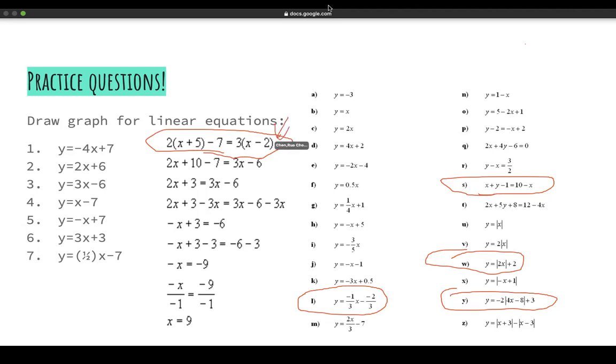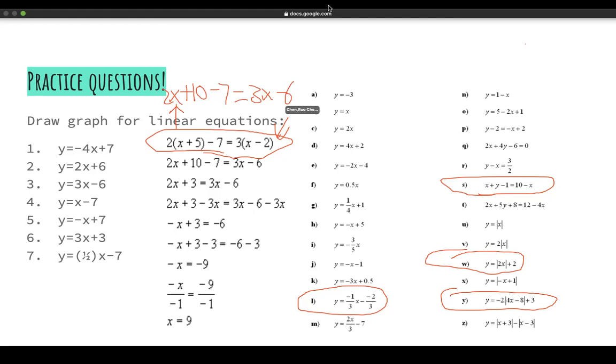It is not in a pretty normal form, but we can still get something from this. So we can first simplify this to 2x plus 10 minus 7 equals 3x minus 6.